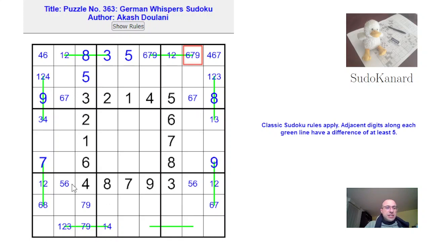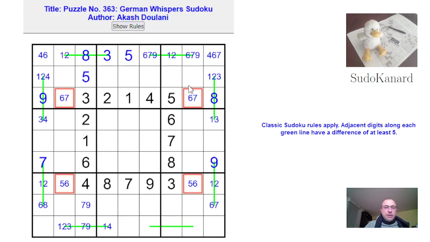Okay, something else of interest here. Of course, I have to consider what's happening here. But now I'm seeing here an X-wing. So there is some standard Sudoku logic here, which is neat. So what is happening? There is a 6 in one of those two cells. There is a 6 in one of those two cells.